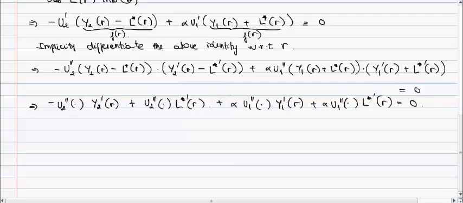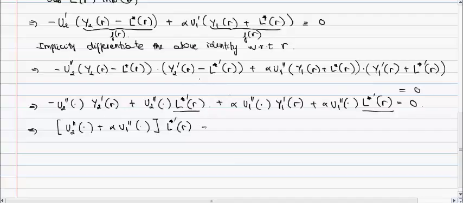Okay, so I expand the bracket over here and the bracket over here. Like I said before, this is the thing I want to find. So I just factorize it and put them together. So I get u2 double dash plus alpha u1 double dash, everything multiplied by L star dash as a function of r, and I move everything else that doesn't include L star dash to the right hand side of the equation.